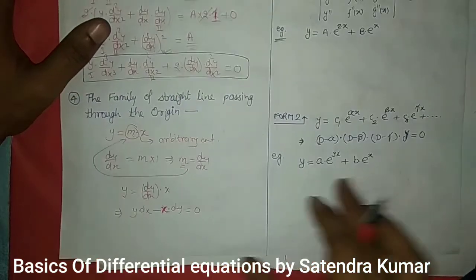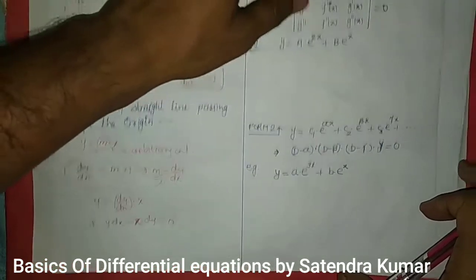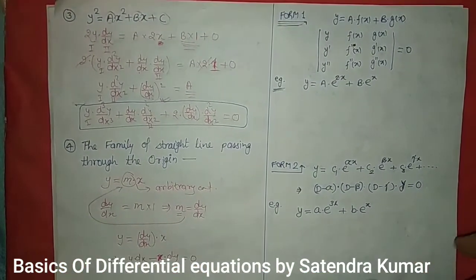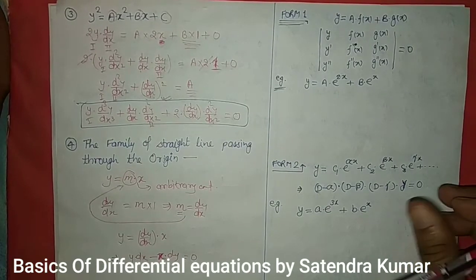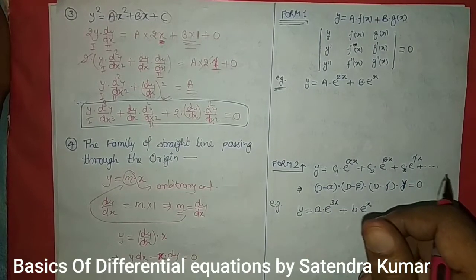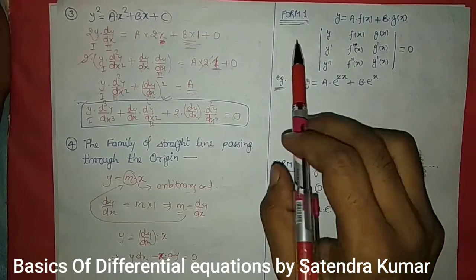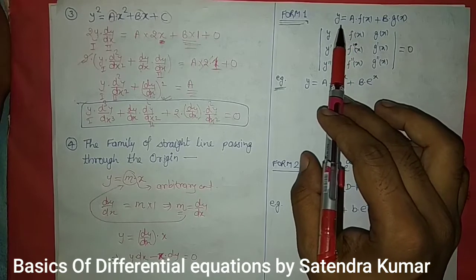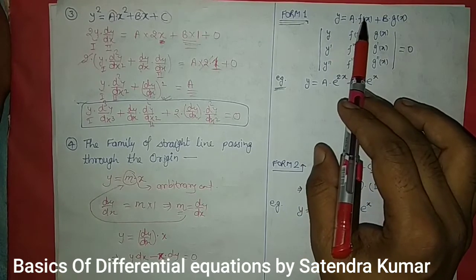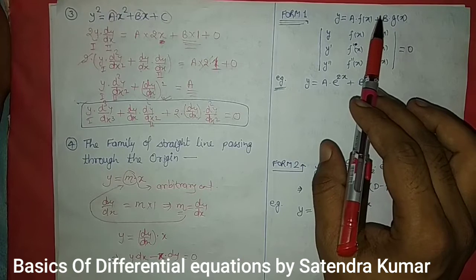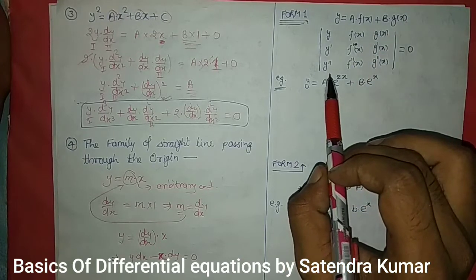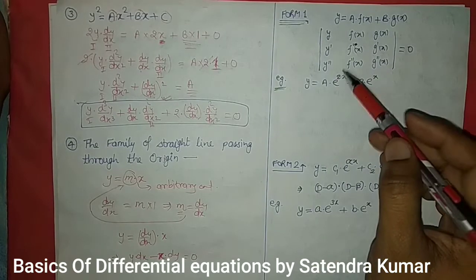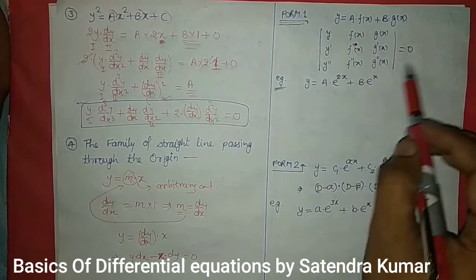Here are some more concepts, and a trick to solve the simpler equations in an easier way. That is form 1. If the given curve is like y is equal to a times some function f(x) plus or minus b times some function g(x), and we want to calculate the differential equation, then this determinant is useful.